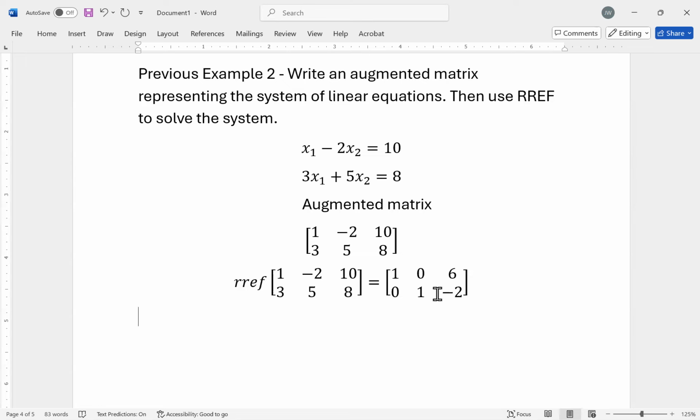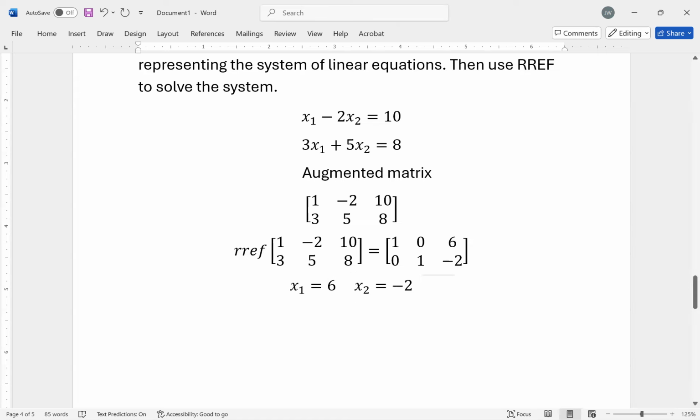And that means that the solution is that the x1 variable needs to be equal to 6, and the x2 variable needs to be equal to -2. Sometimes people put this as an ordered pair as well. If you do, usually the x1 comes first, so it'd be 6, -2.